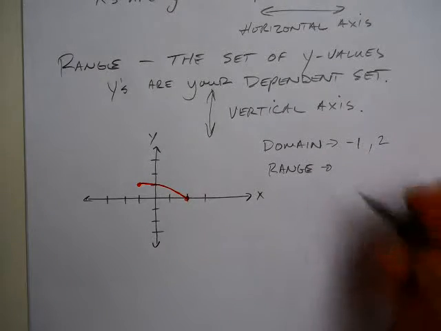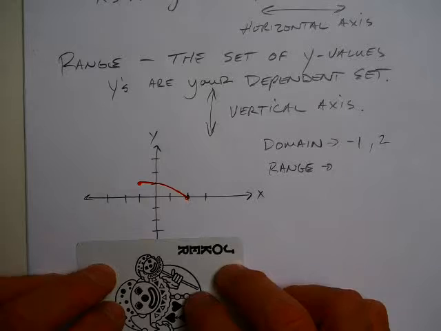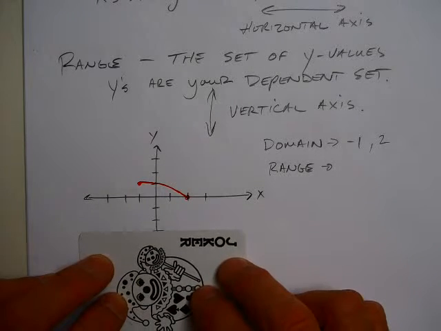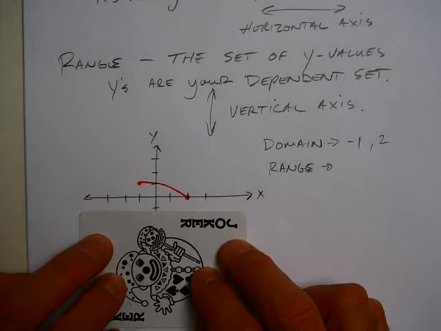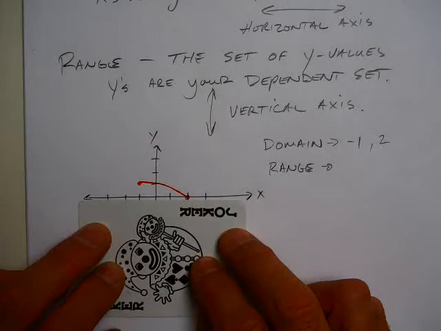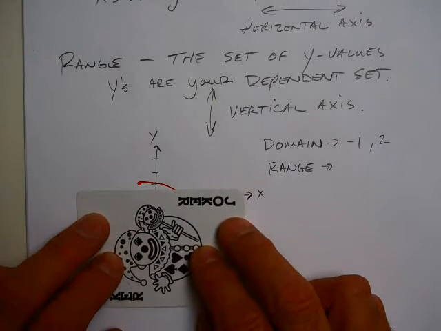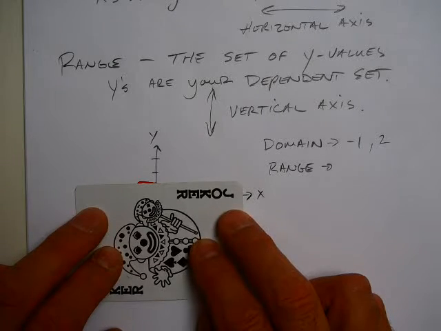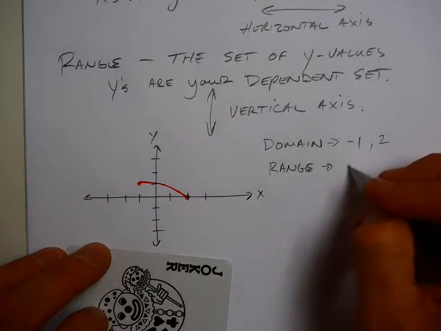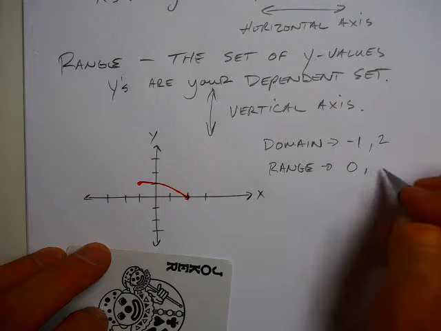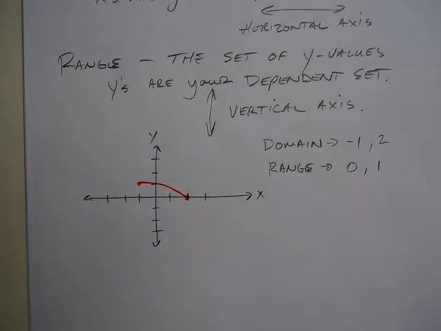So if I take my joker card and I go up, when do I touch the curve? At 0, right. And when do I quit touching? At about 1, right? So the range of y values is simply 0 to 1. That's domain and range.